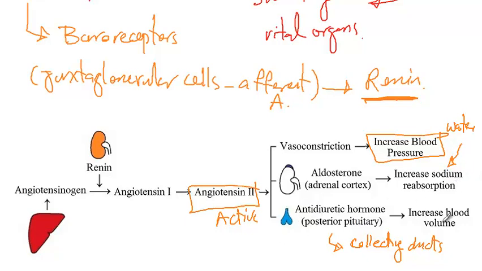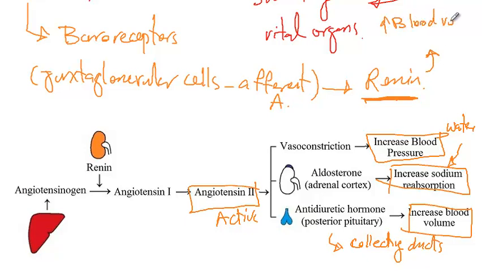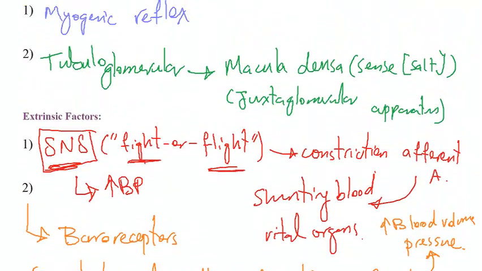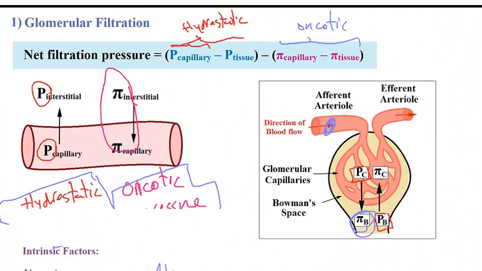And then again there would be increased blood pressure by antidiuretic hormone, since more water gets reabsorbed from filtrate, and so blood volume increases. So all these mechanisms from renin lead to increased blood volume as well as increased blood pressure. Okay, so we've just finished the very first mechanism, which was filtration.